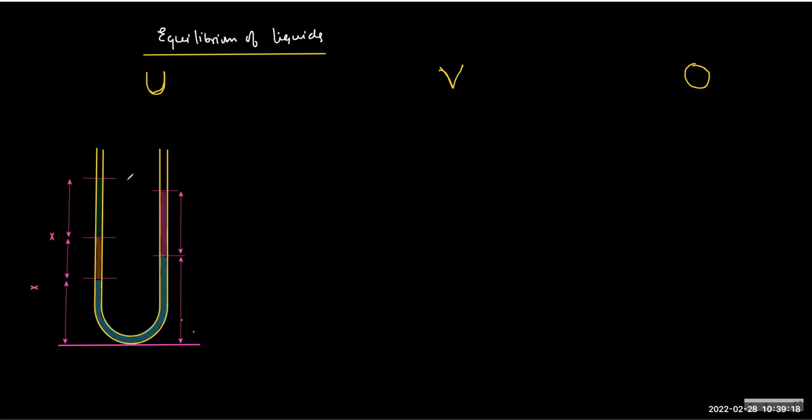Now let's name it. And let's say their densities are different, rho 1, rho 2. These are immiscible liquids, which means they cannot mix.